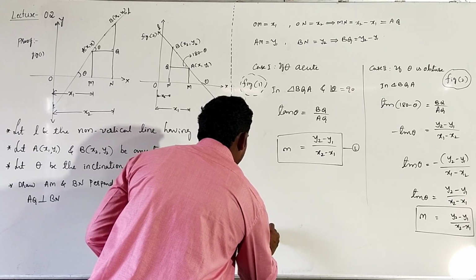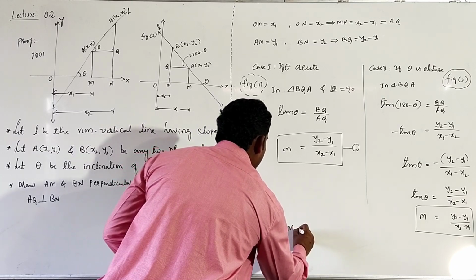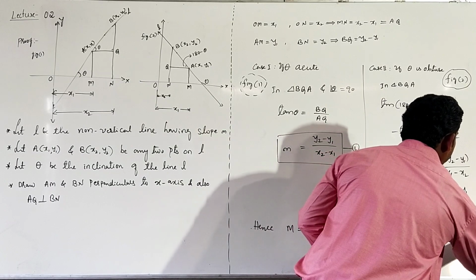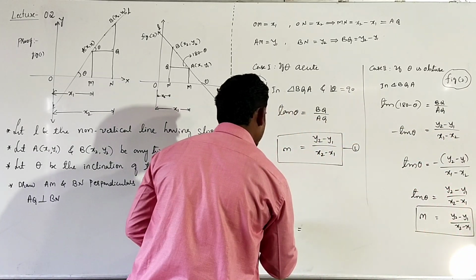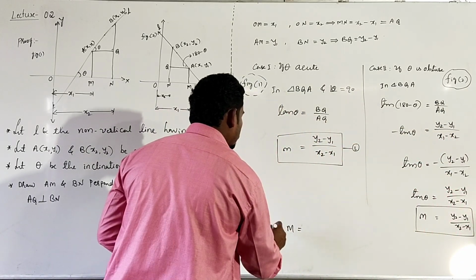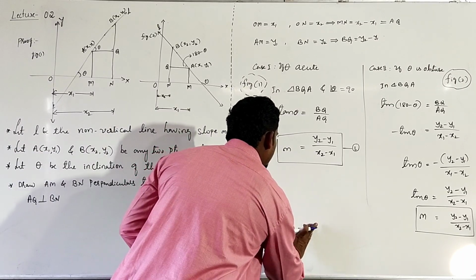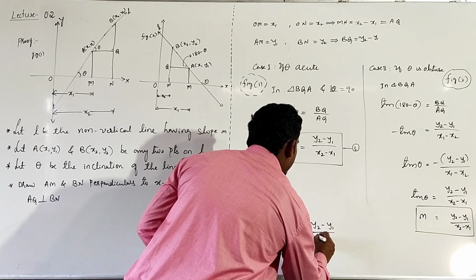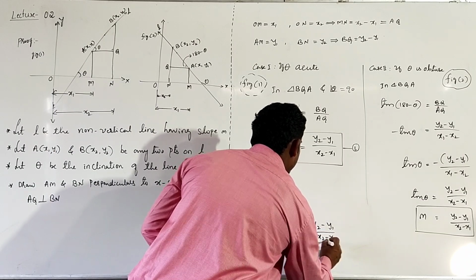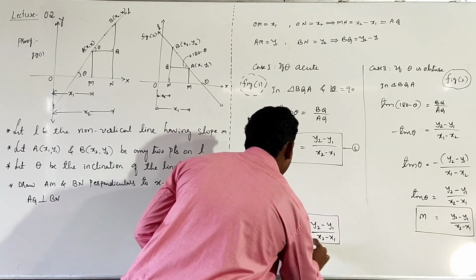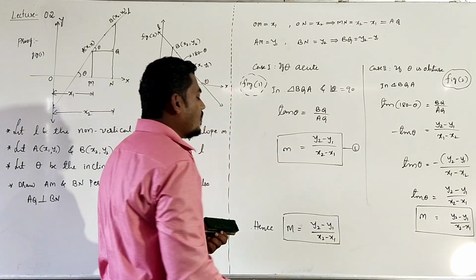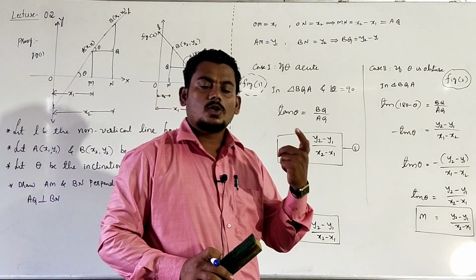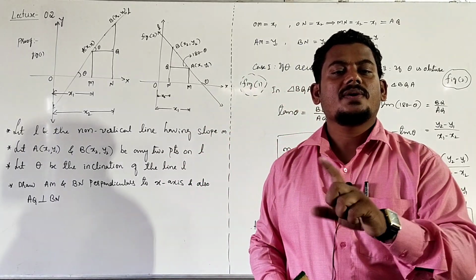Hence m is equal to, look at 1 and 2, y2 minus y1 divided by x2 minus x1. This is the formula for finding the slope of a line passing through given 2 points instead of giving inclination.